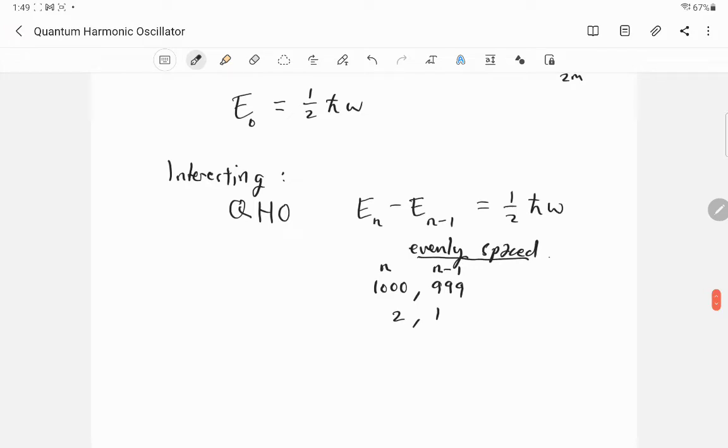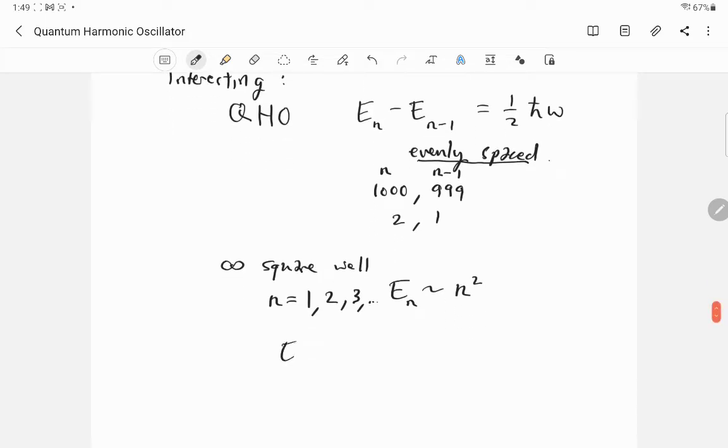But do you remember that for the infinite square well, the energies were different, first of all because the quantum number index starts at 1? 1 is the ground state, right? But the energies were proportional to n squared.